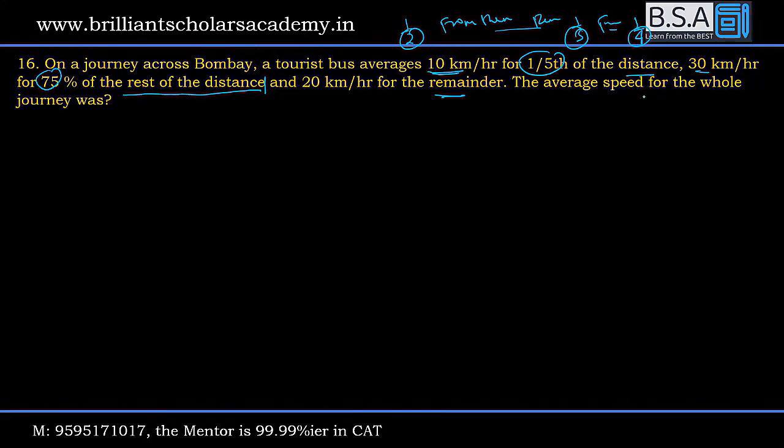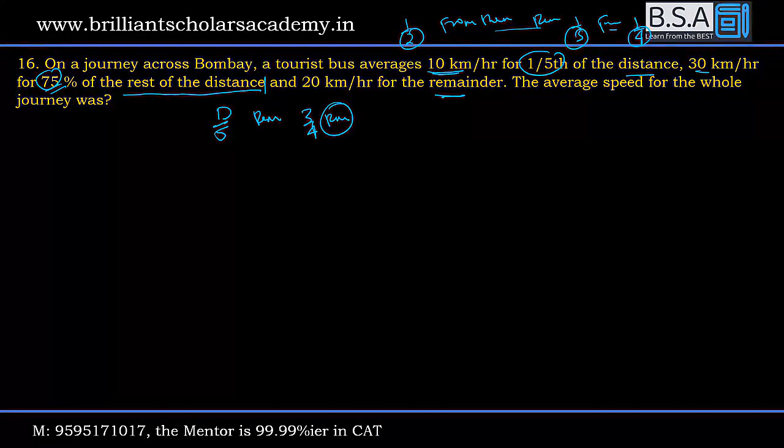So what I heard here is I'm going to divide distance by 5. Whatever remains, 75 percent is 3 by 4. I will multiply 3 by 4 with the remaining distance. And then finally, whatever remains will be the leftover distance.